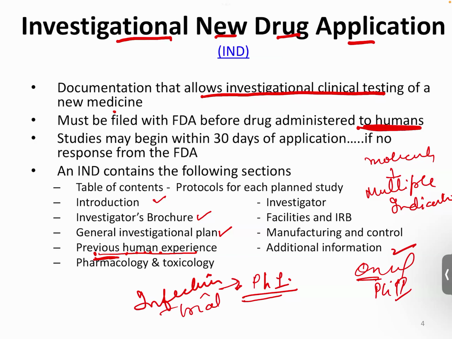Pharmacology and toxicology data that you will get from your animal study. The investigator who is going to do this study. Facilities where you are going to do the studies. And how you are going to manufacture this drug, and how you are going to control it, plus any additional information.